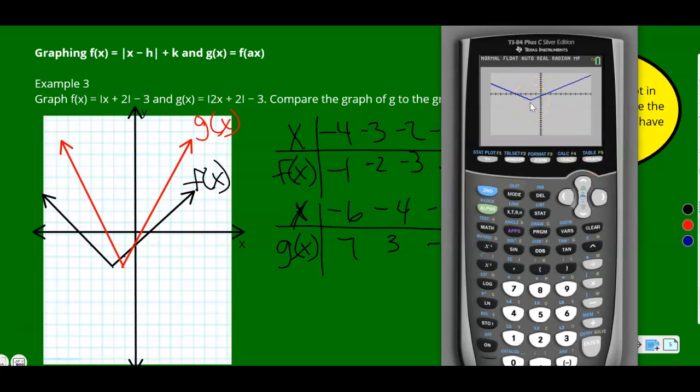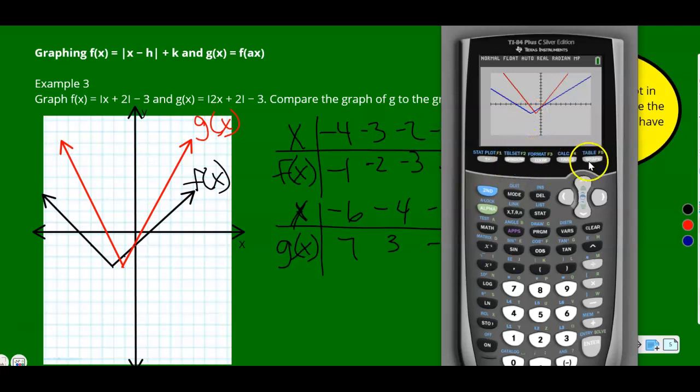Okay, so if you want to look at those, you can see that my table here, let's come down here and change this back to -10. And you can see those graph there.